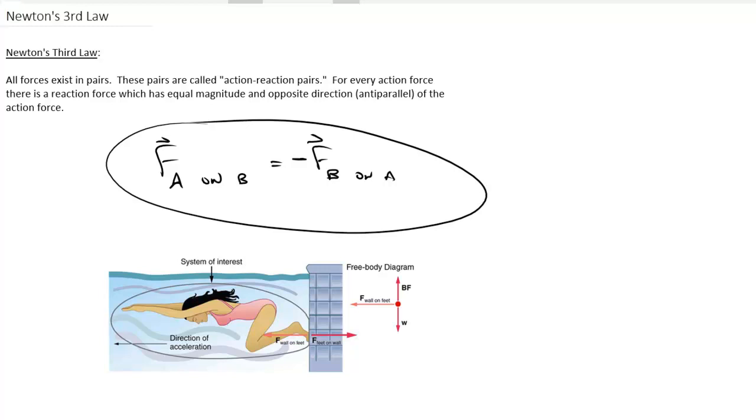One of these is the action, one of these is the reaction. It doesn't matter which is which. It's not like one causes the other.